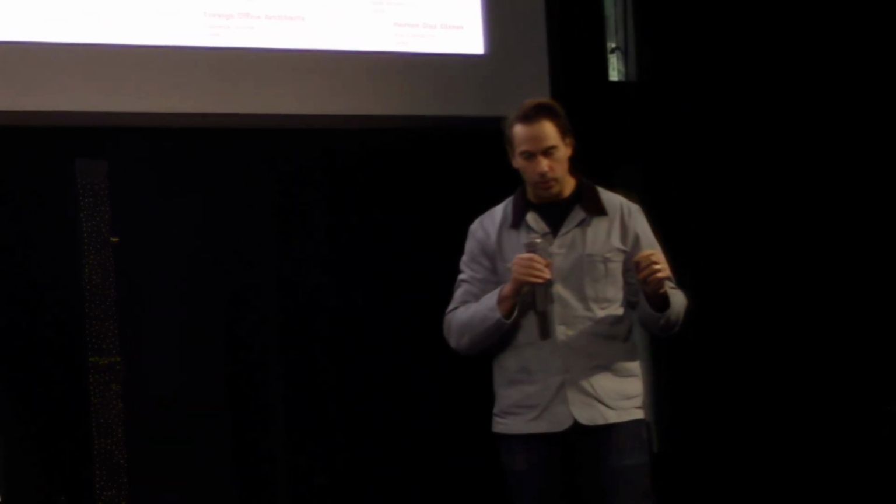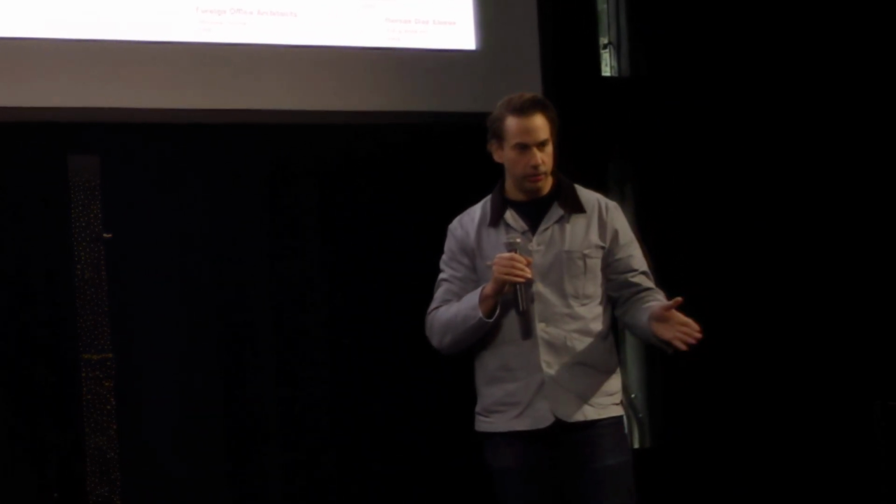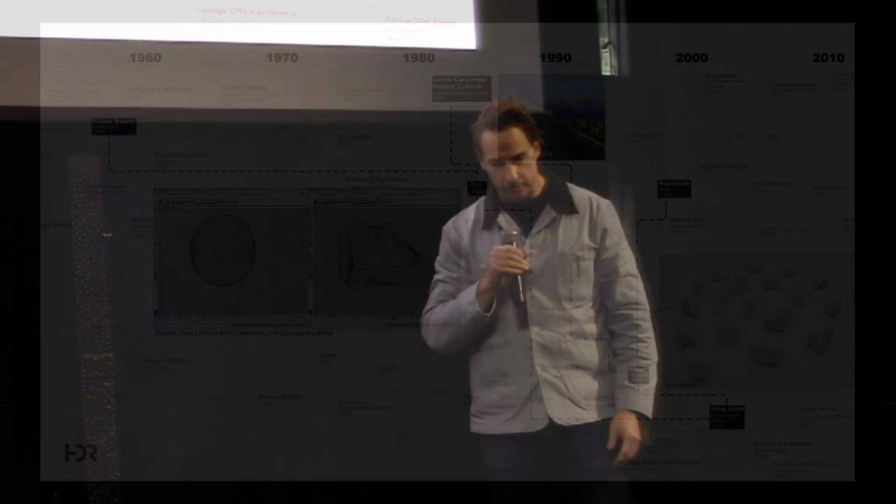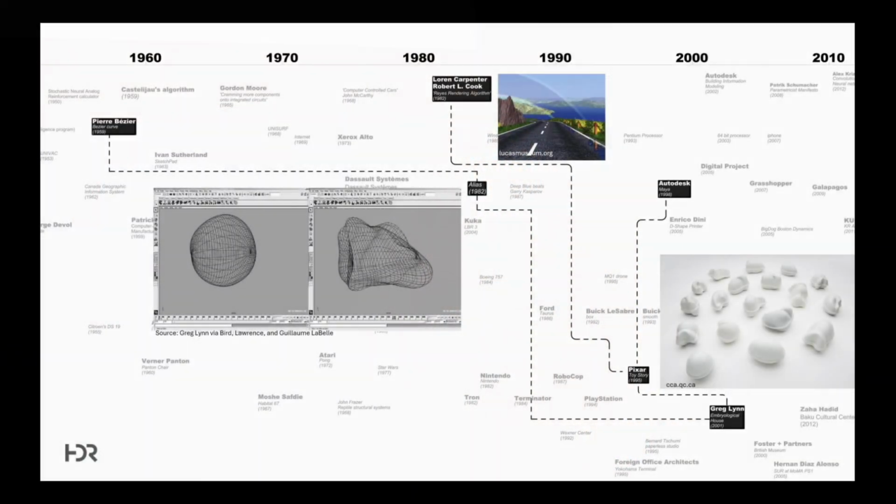All he's doing is taking the Bézier curve, modifying the points, and then using the animation software to interpolate between the options. At the time, nobody in architecture was really using animation software.